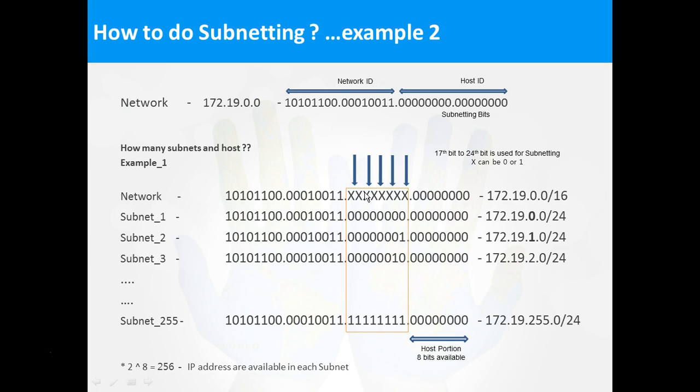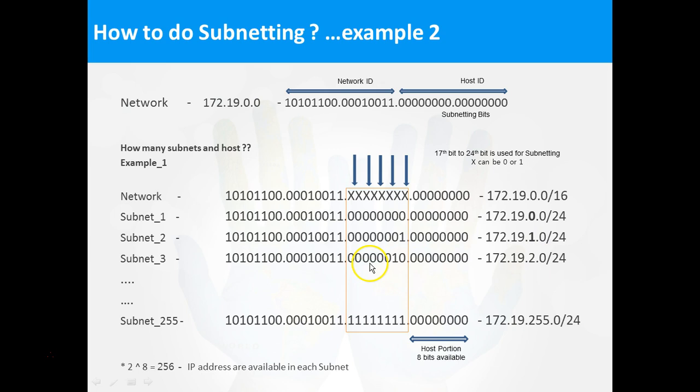If you are taking the entire third octet, that is 8 bits, the permutation and combination of binary bits will result in 256 combinations. You can see the combinations: 0, 0, 0, 0, 0, 0, 0, 0, fully 0. Another second combination is 0, 0, 0, 0, 0, 0, 0, 1. You convert this 8-bit number into decimal, you will be getting 1.